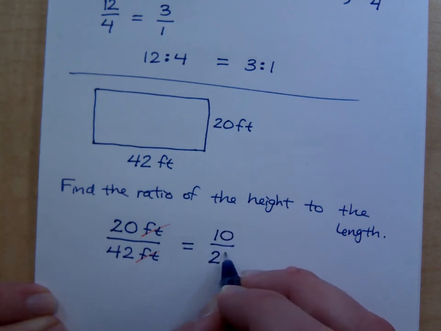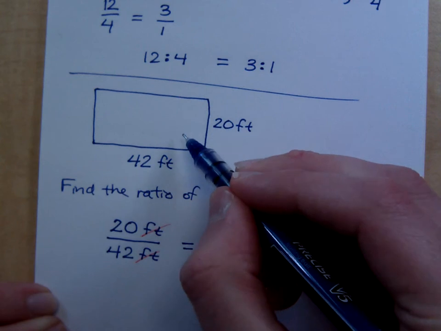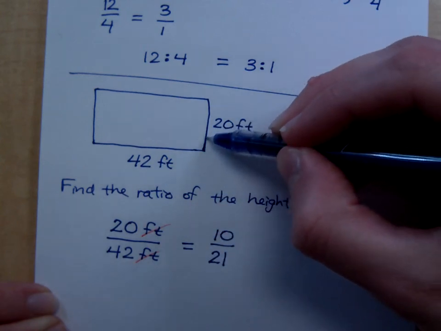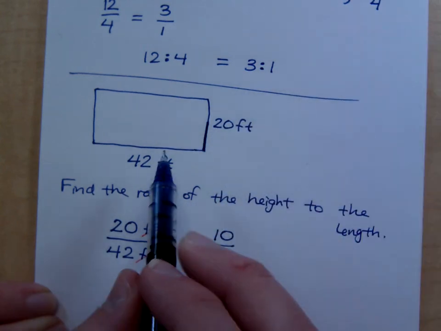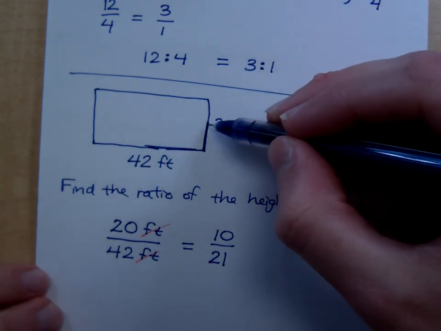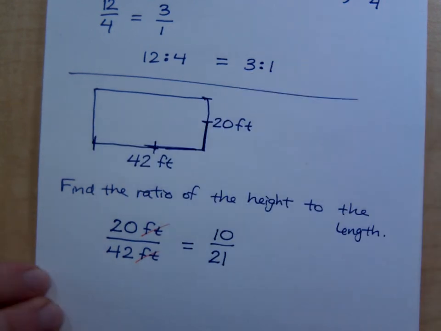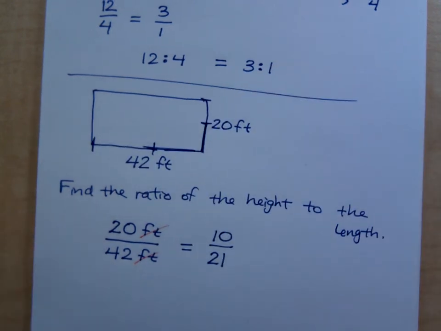You get 10 to 21. That means that in this diagram, for every 10 feet, there would be 21 feet, if you were to reduce this, or you're talking about scaling this. So since I have 10 feet here twice, I would have 21 feet here twice.